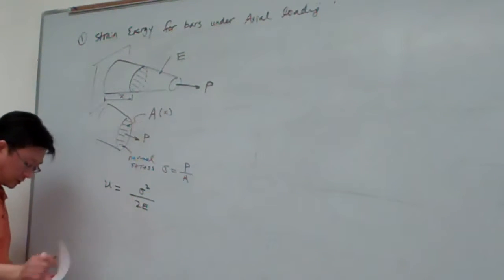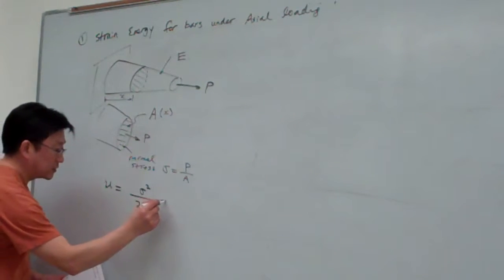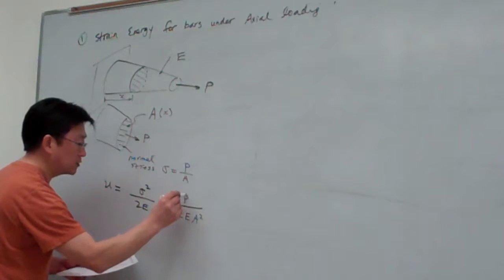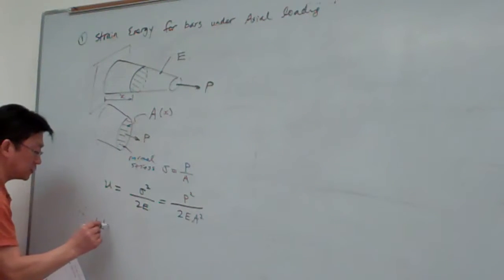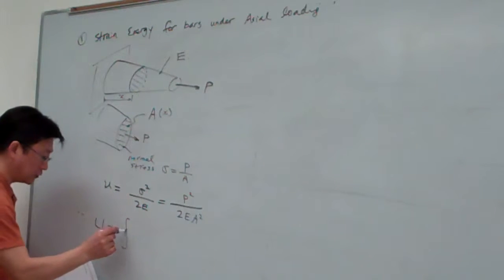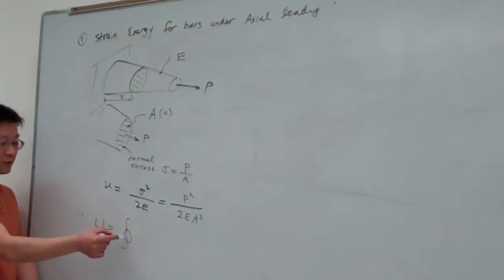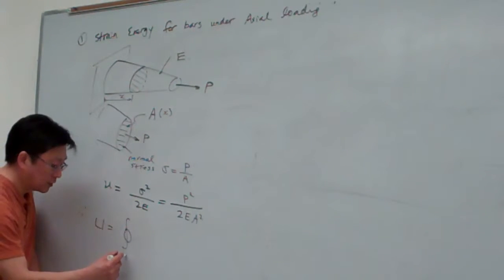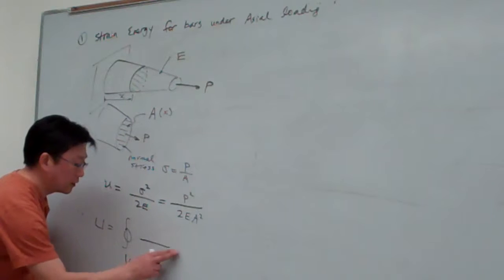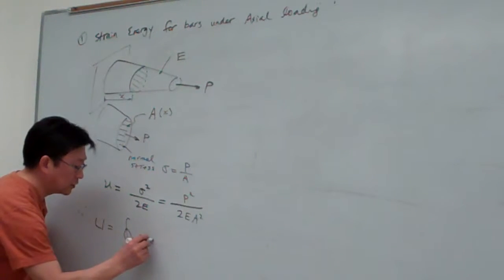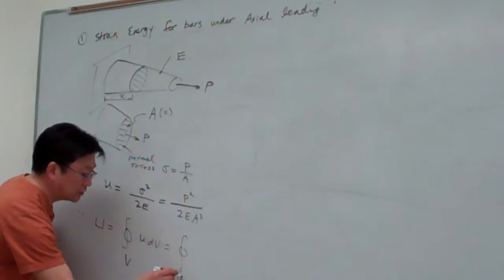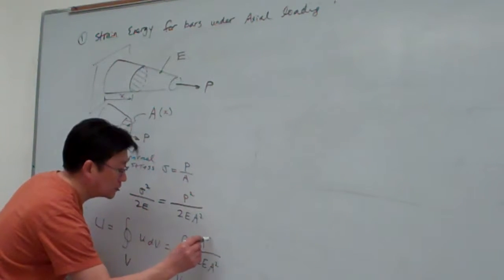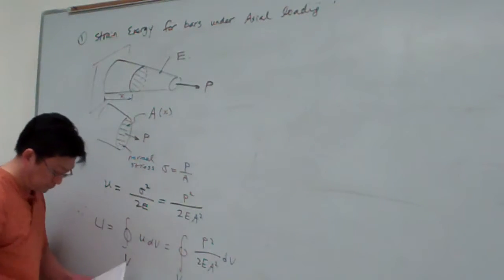So we plug in, and this is P squared over 2E A squared. Therefore the strain energy is the volume integral of U dV, that is the volume integral of P squared over 2E A squared dV.